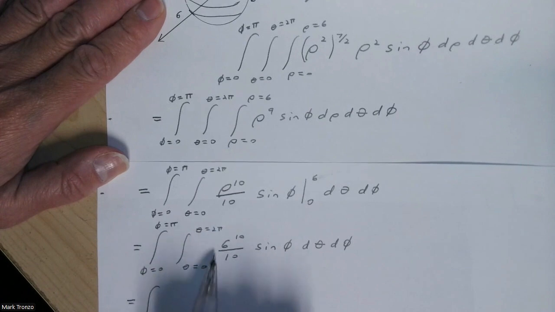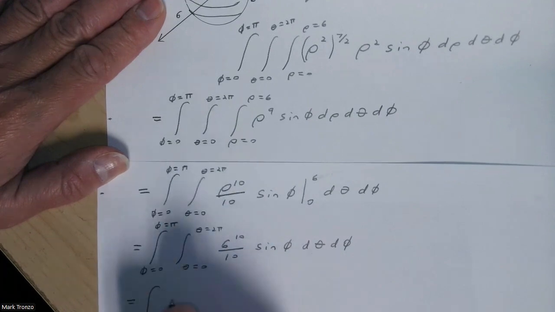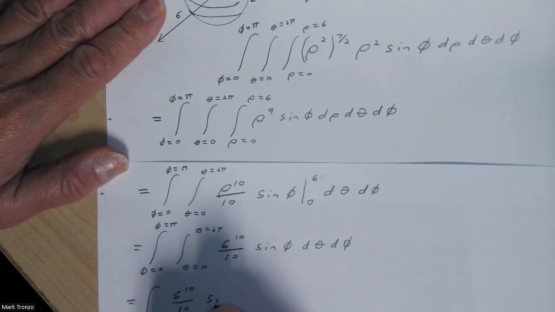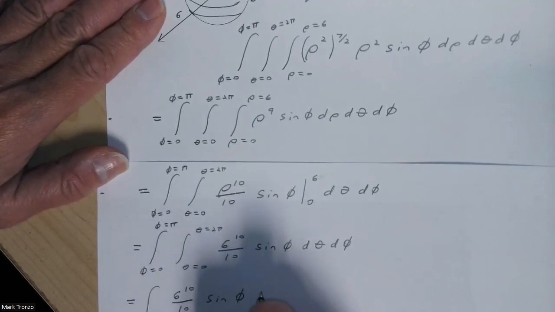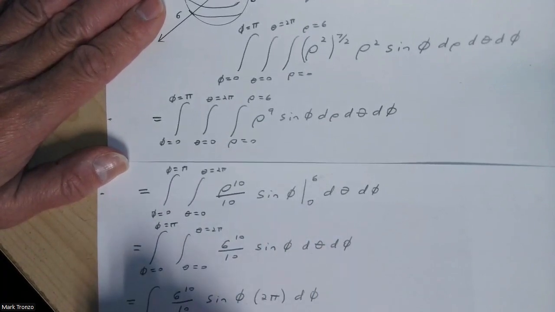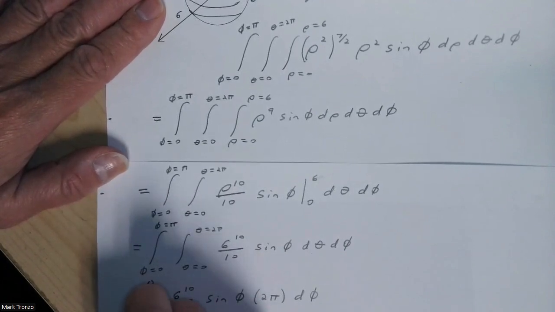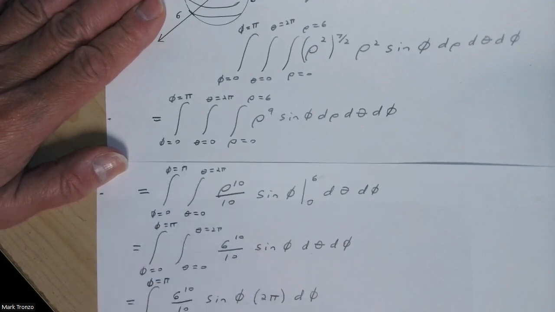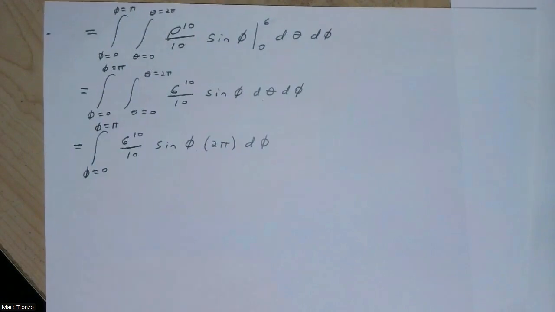So I'll go ahead and put those bounds in, 0 to 2 pi, which is just going to end up being 2 pi here. Then finally, we'll integrate with respect to phi.